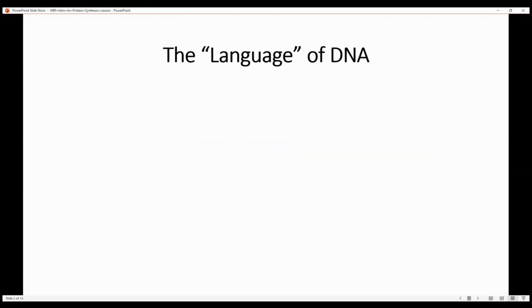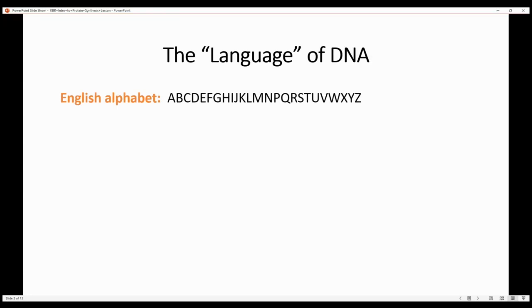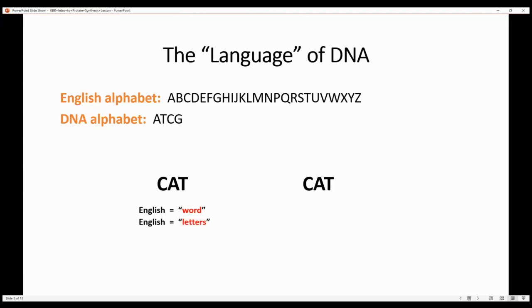Let's learn about the language of DNA. For example, in English, we have 26 letters that we can use to make words. But in the language of DNA, they only have 4 letters used to make words. In English, we would call this a word, and that word is made up of what we call letters.